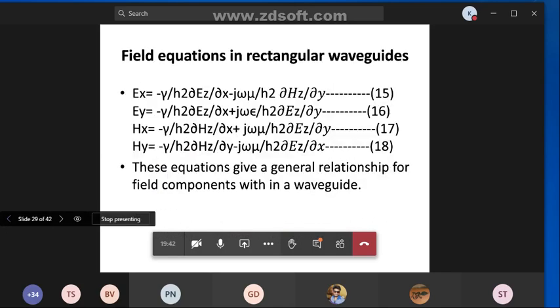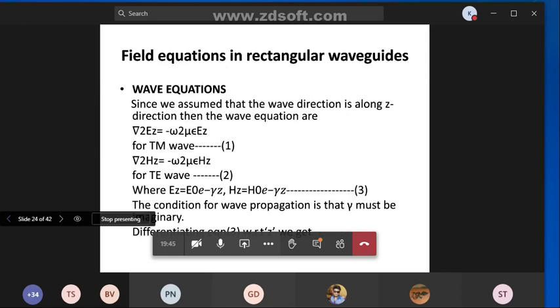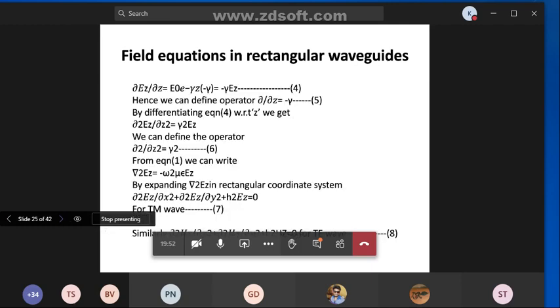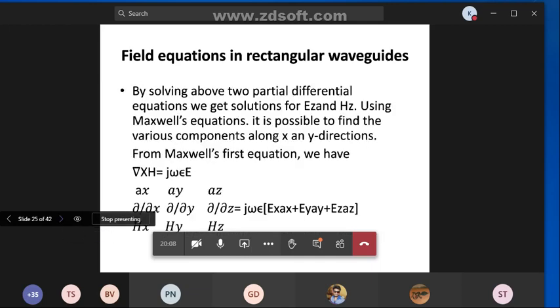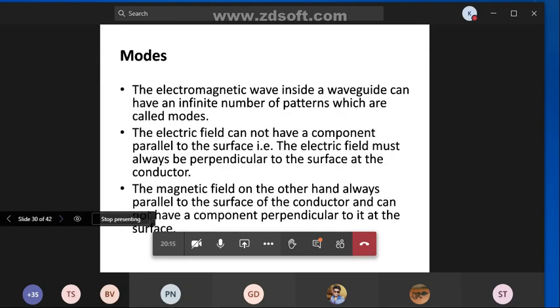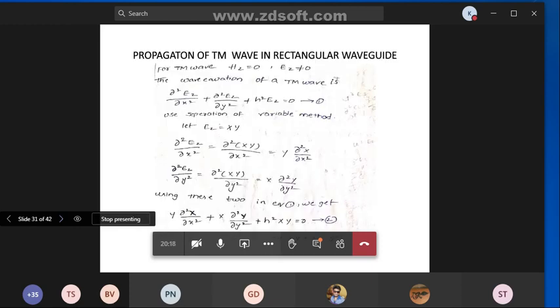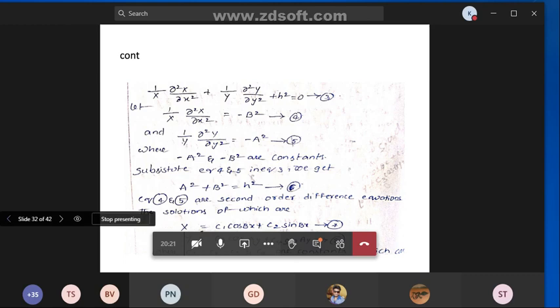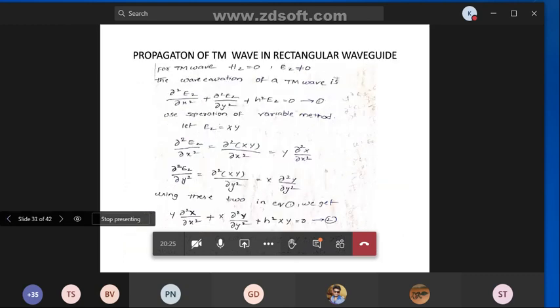If you want, you can check this equation.